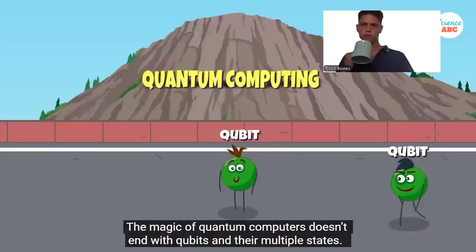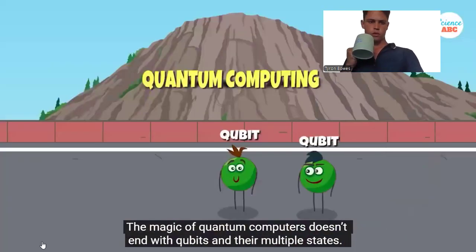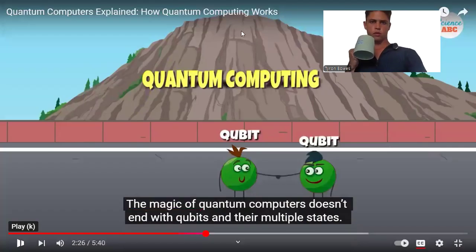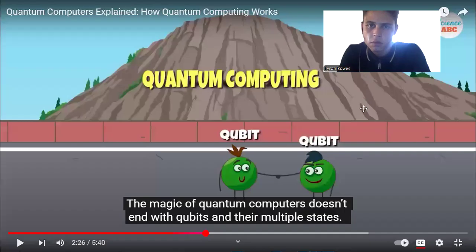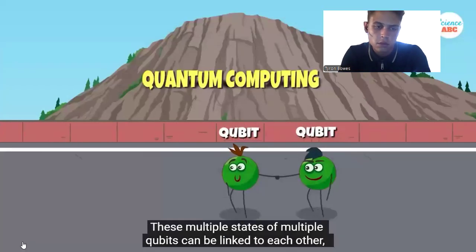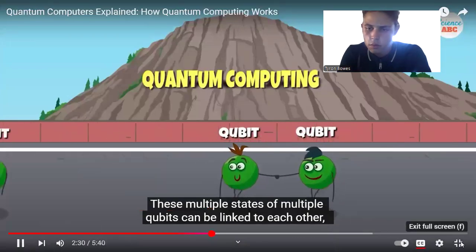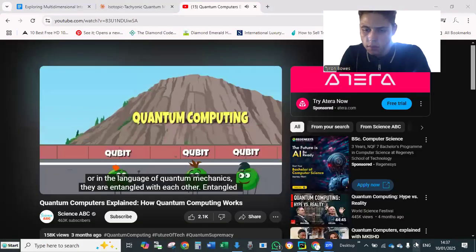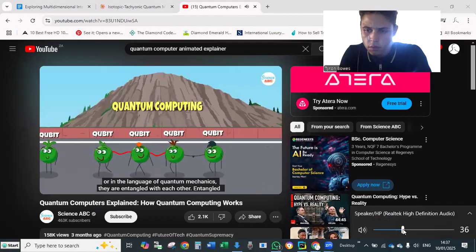The magic of quantum computers doesn't end with qubits and their multiple states. Qubits can be linked to each other, or in the language of quantum mechanics, they are entangled with each other.